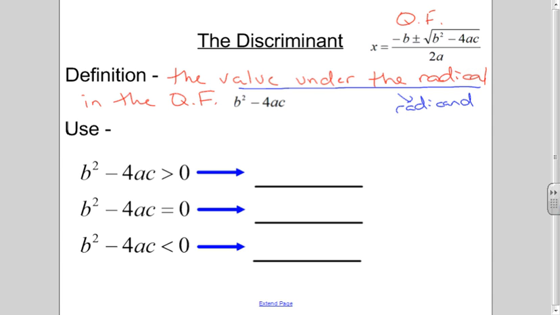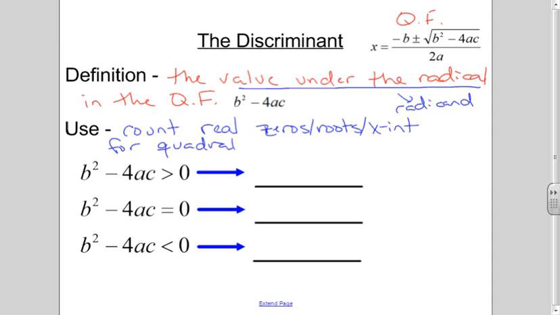Its use, and you'll see that as we go here, is to count real zeros, also known as roots, also known as x-intercepts, for quadratic functions or equations.